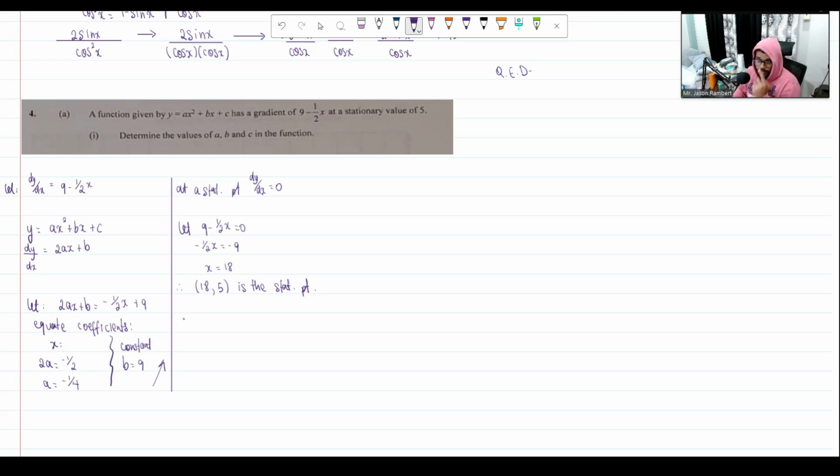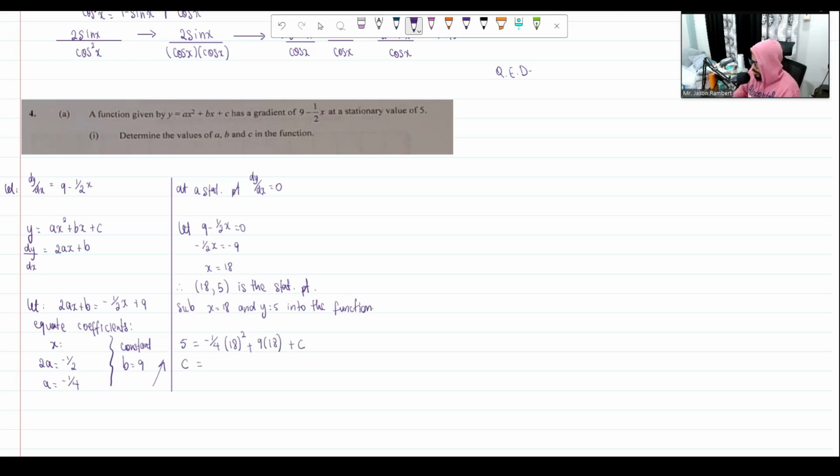So now I'm going to substitute. Well, let me go with x is 18 and y is equal to 5 into the function, because the question made reference to this being the function. So I will have 5 is equal to ax squared plus bx plus c.